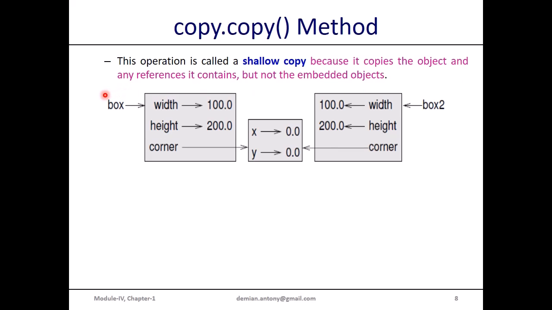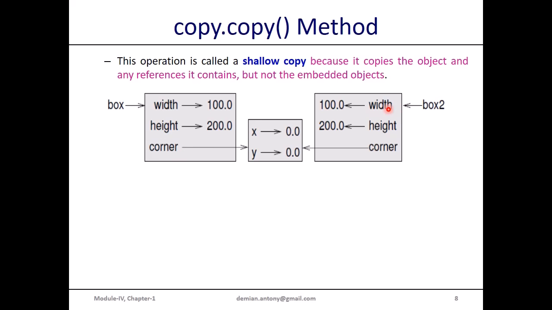As we created a box with 100 and 200 and the corner with 0, 0, then we use copy.copy to create box2. Yes, a separate copy is created in the memory, box is a separate memory, and point is created while creating this first box, in separate memory, and that reference is returned here.